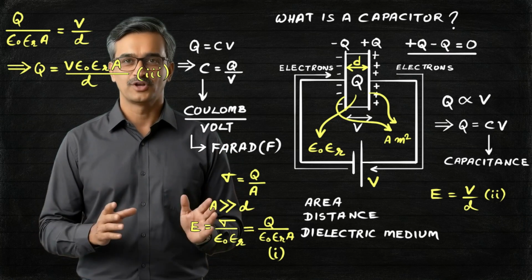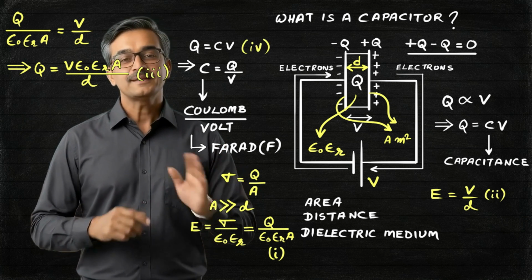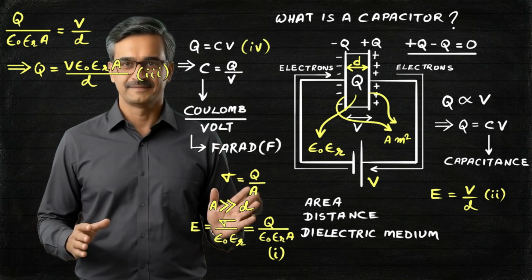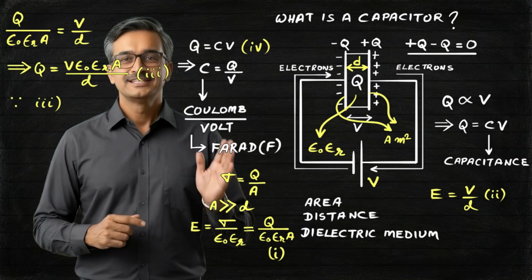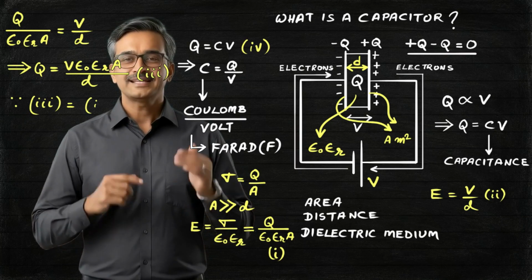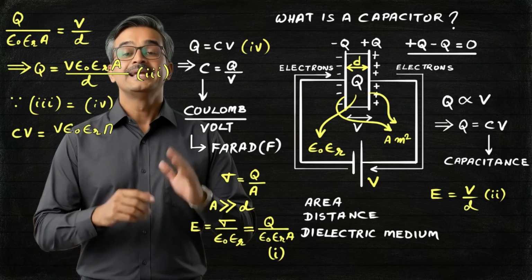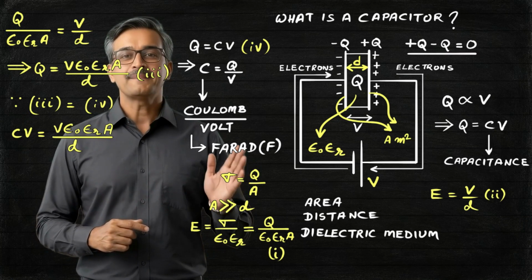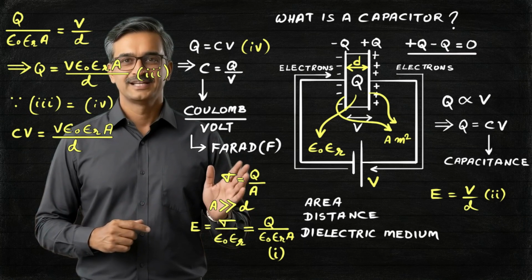But remember, we already have another expression for Q from earlier, equation 4. Q equals CV. Now, since both equation 3 and equation 4 are expressions for the same charge Q, we can equate them. CV equals epsilon naught epsilon r A V divided by d. Notice that V appears on both sides, so we can cancel it out entirely.